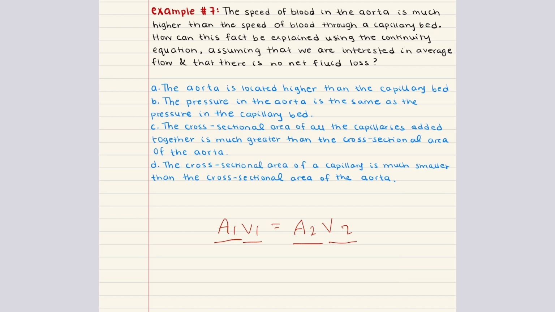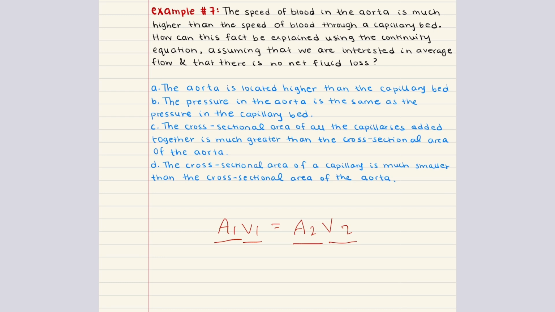This difference in cross-sectional area has a direct effect on the velocity of blood flow. So according to the continuity equation, when the cross-sectional area increases as it does in the capillaries, the velocity of blood must decrease. On the other hand, in the aorta, where the cross-sectional area is smaller, the velocity of blood is much higher.